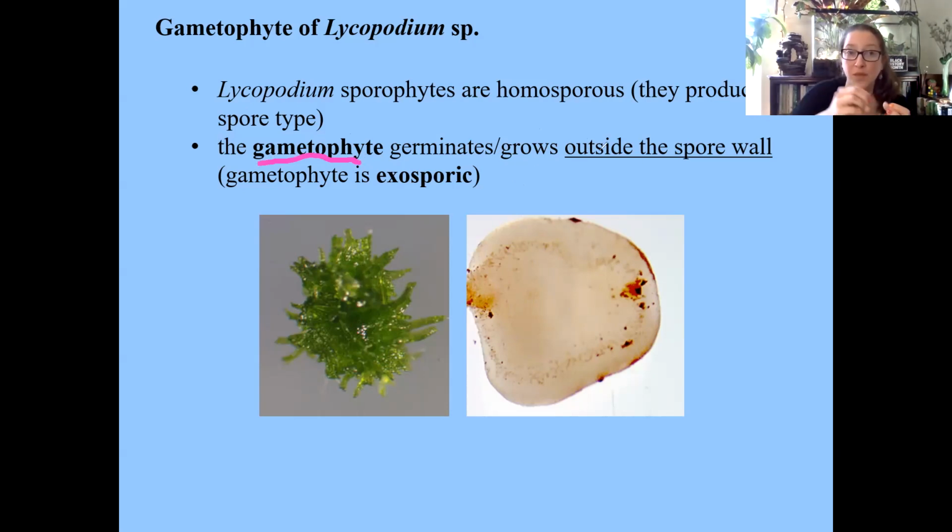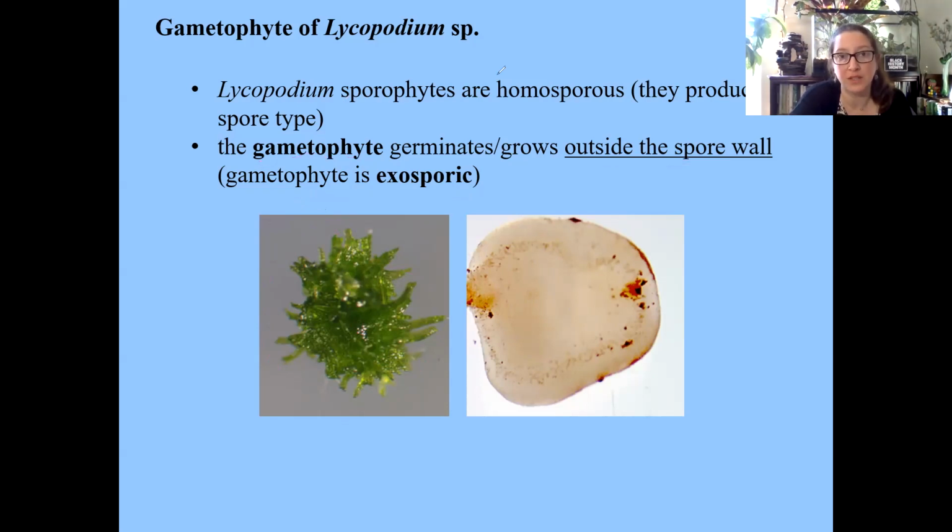In other words, when there's one spore type and the gametophyte plant grows from that one spore, it grows outside of the spore wall. So we say that the gametophyte is exosporic. Exo means outside of, and sporic refers to spore. So the gametophyte grows outside of the spore. It emerges outside of the spore and looks like a little green blob that we've already talked about in this course.